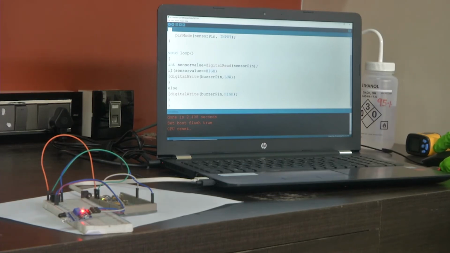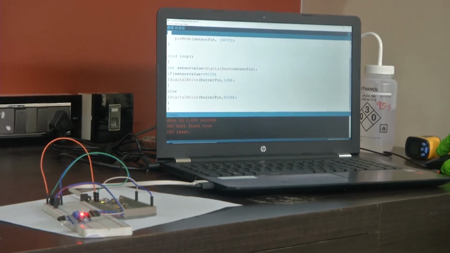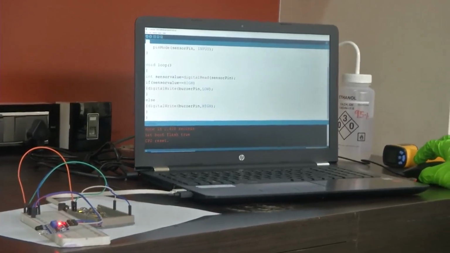So if it's not detecting anything, we do not need the buzzer to make any sound. So I have set the buzzer pin as low, and otherwise, that means if the sensor value is low, then I am turning the buzzer pin high.